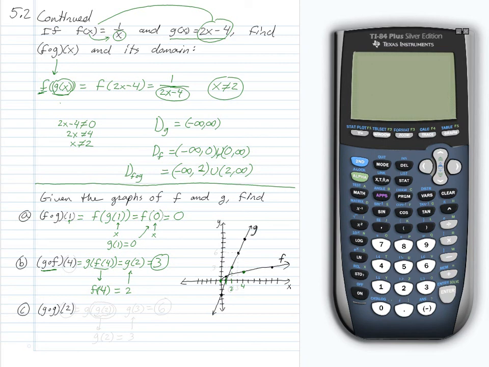Now here's a little bit of a weird one. G of g of 2. Well, what's that asking? It's asking for us to plug g of 2 into g again. In other words, we're going to plug 2 into g, figure out what that is, and plug that into g again. So g of 2, let's take that off to the side.